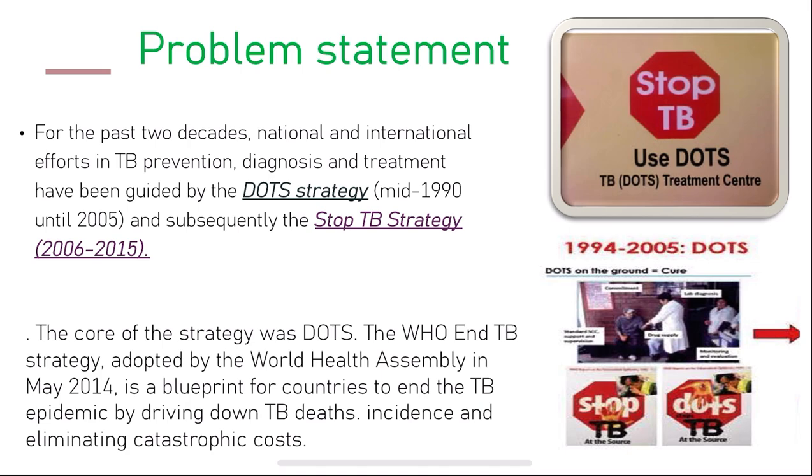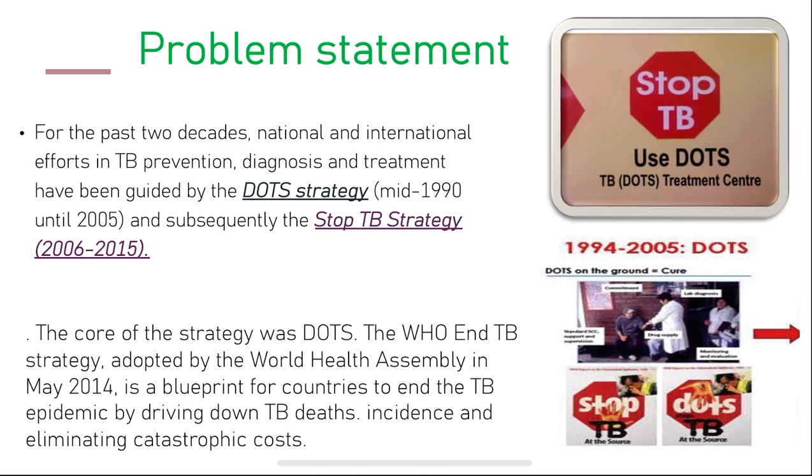So what are they giving? A blueprint is given to the authorities of all the countries, so that they can end the TB epidemic by lowering the TB deaths, TB incidence, and eliminating the catastrophic cost of TB. So we see that TB is a disease which can have a catastrophic cost on the family, where the financial burdens are exceeding 20% of the household's income.